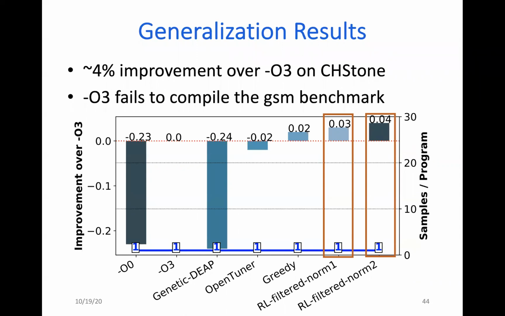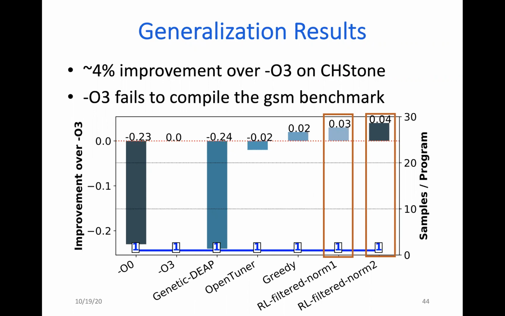And actually, -O3 fails, for example, to compile the JPEG benchmark. And if you look at the other methods like OpenTuner and genetic algorithm, it actually deteriorated the performance. And this actually showed us that there is a potential that we can learn how to compile appropriately for such a very, very difficult task.